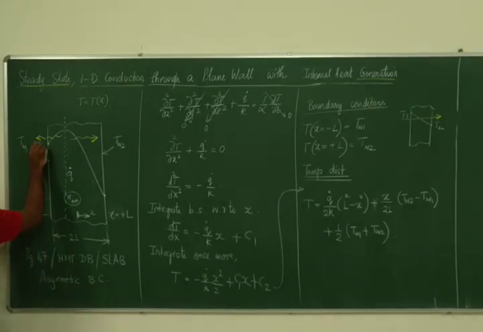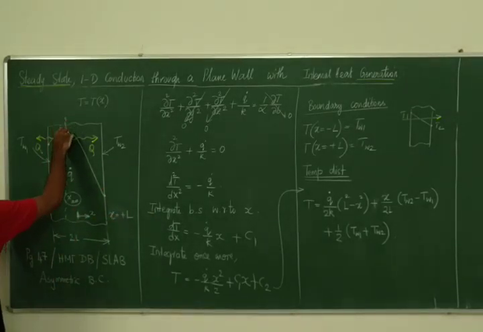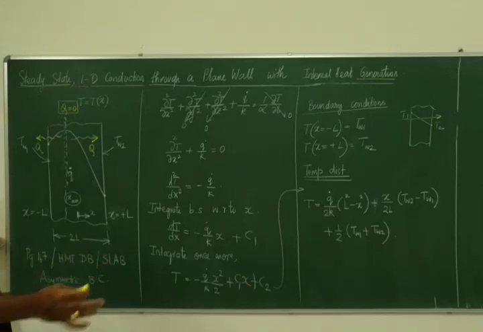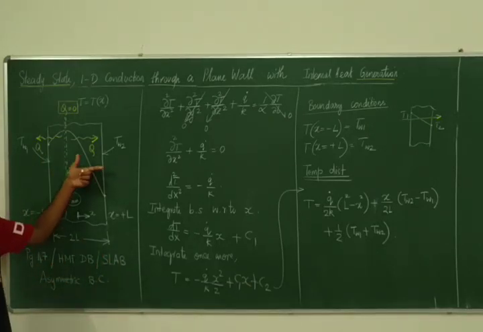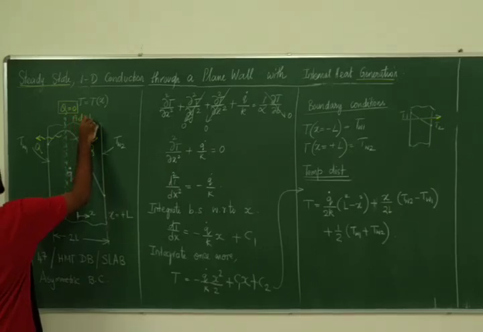So the heat transfer will be on both the sides of this particular plane. And the heat transfer on this plane itself is going to be zero. Because this plane is dissipating heat on both sides, there is no heat crossing this particular plane. And for that reason, this plane is called an adiabatic plane.